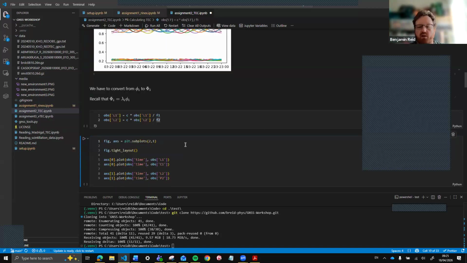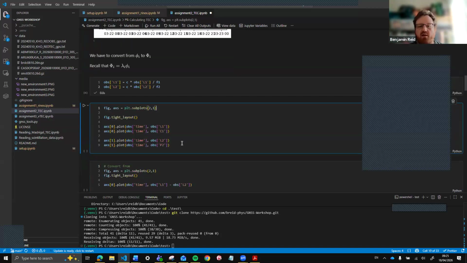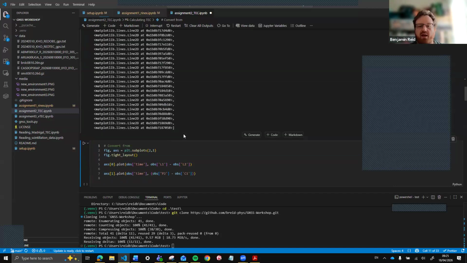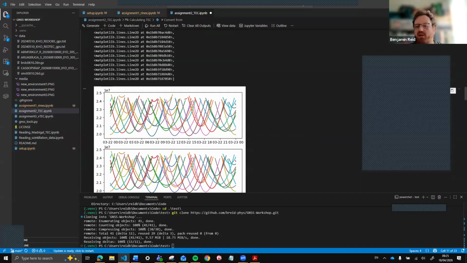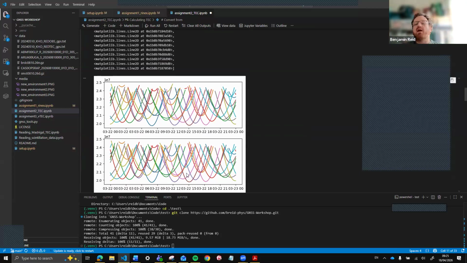So if we do that, which we can do here, then if we run the plot again, you'll see that they basically look identical now. The phase and the carrier look on the scale of, right, so this is a measure of distance. We're talking 10 to the 7 meters.